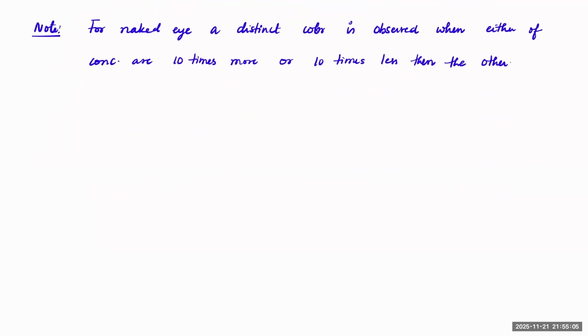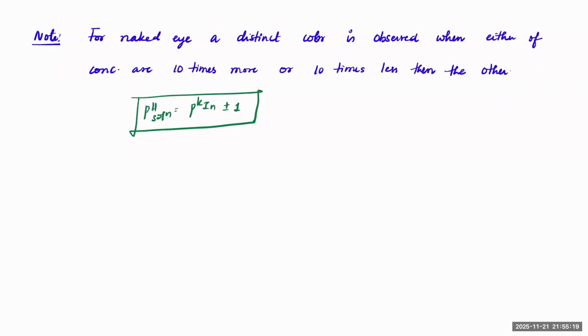So, for example, here the pH of the solution will be equal to pK in plus or minus 1. Just like in buffer capacity, we learned that the best buffer range is pKa plus or minus 1. Similarly, here also, if the pH of the solution is around pK in plus or minus 1, then we say distinct colors are observed.